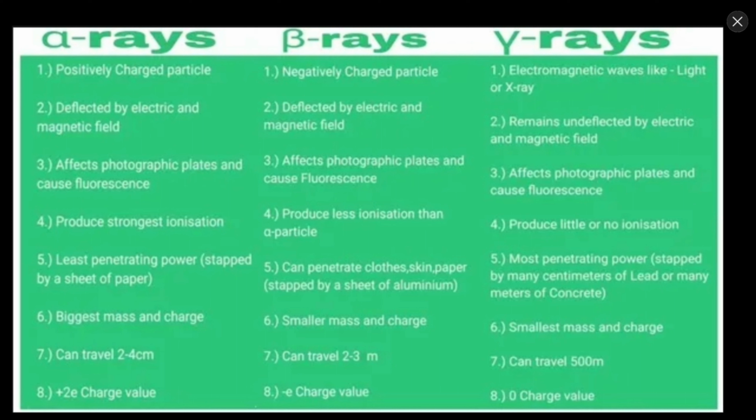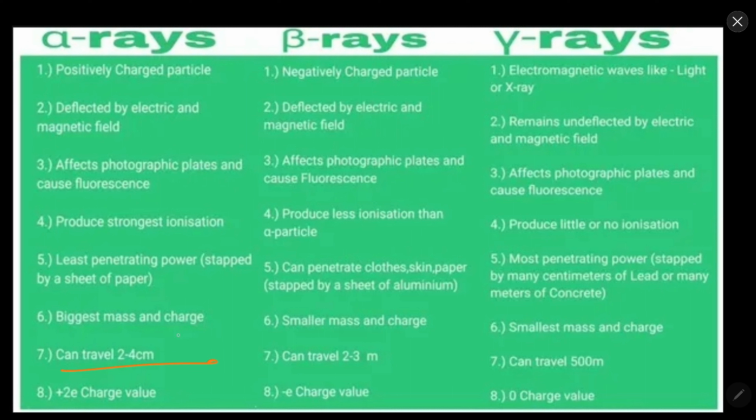Alpha particles have least penetrating power, it can be stopped by a sheet of paper. Beta particles have more penetrating power, and highest penetrating power is with the gamma rays because it is the most energetic rays. Alpha particles have big mass and charge, beta particles have small mass and charge, and gamma rays have no mass and no charge.